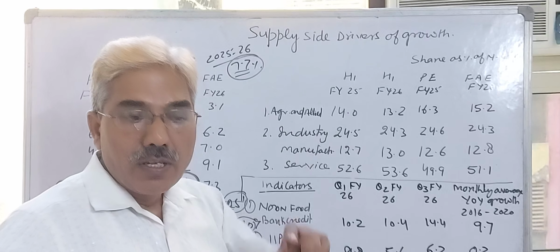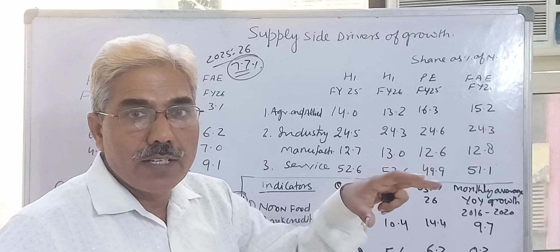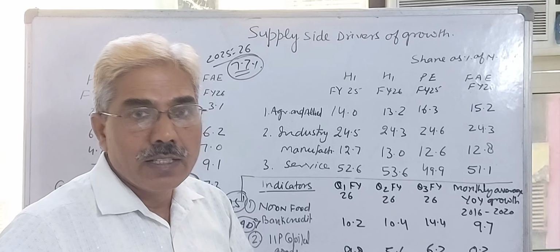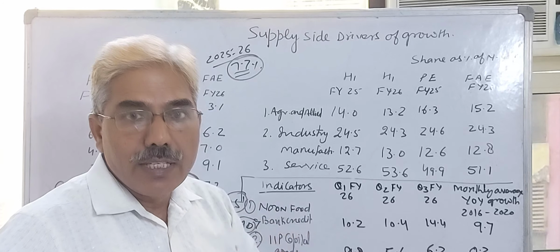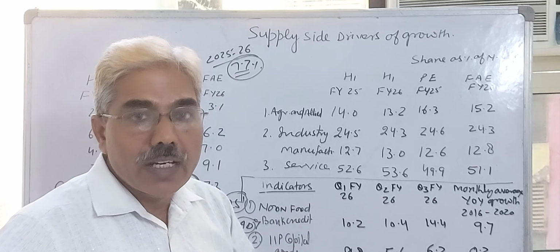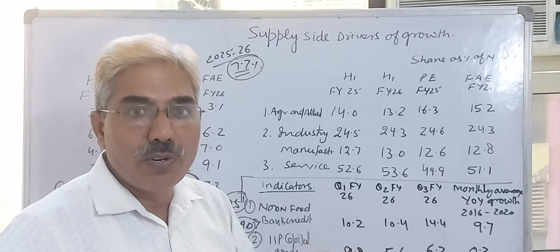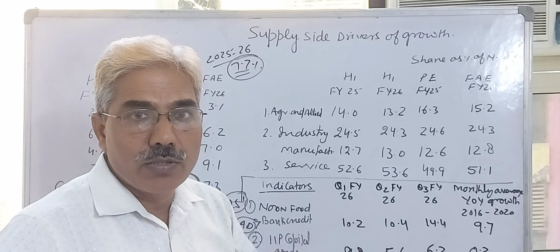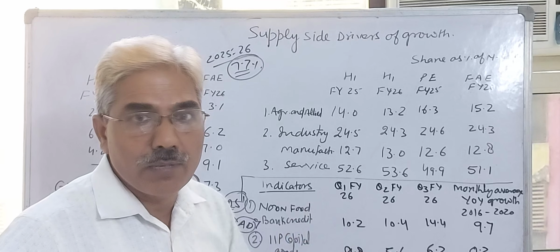The global economy is facing high inflation and high unemployment, but in case of India, we are achieving a high growth rate with low inflation, high employment growth, low poverty ratio, and low unemployment rate.